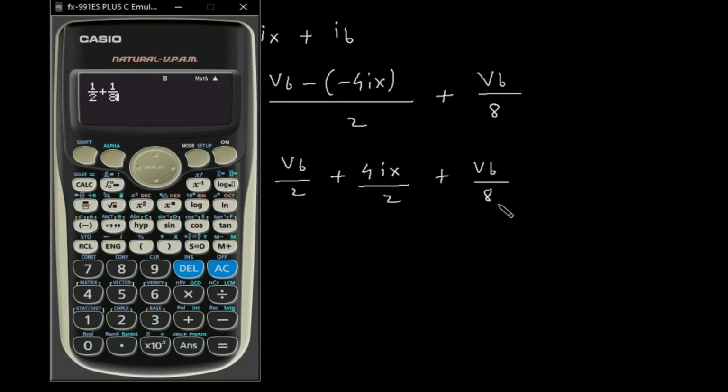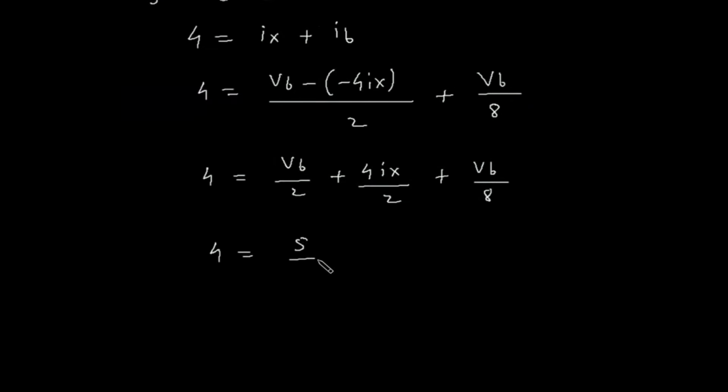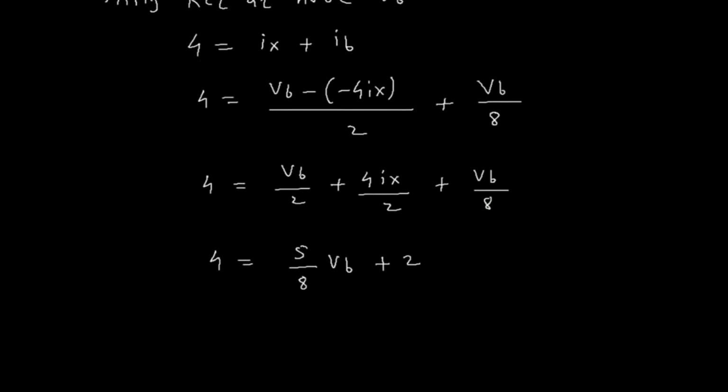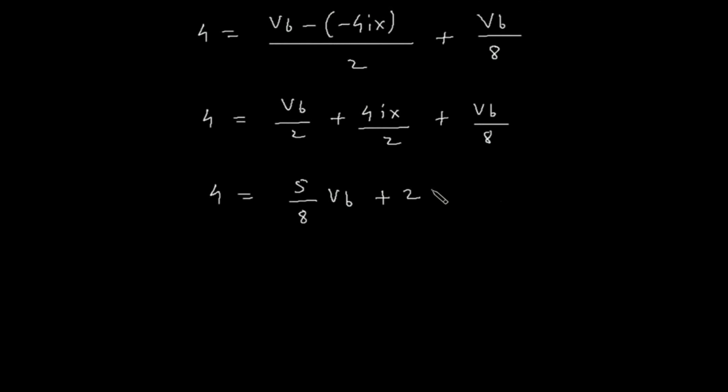This 1 by 2 plus 1 by 8 is 5 by 8. 5 by 8 Vb plus 4. This will be 2Ix. Now in place of Ix we will write Ix is equal to Vb minus 4Ix by 2, or we will write Ix as it is.